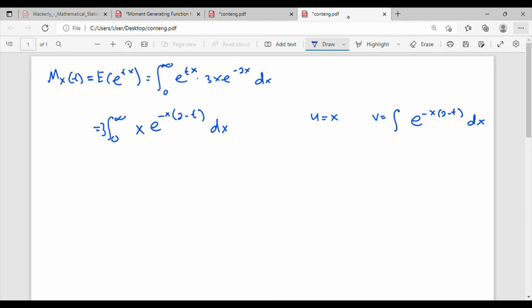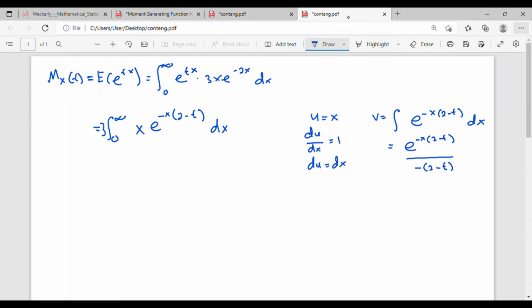So here du over dx equals 1, so du equals dx. So v will be e power of negative x times 2 minus t, and when integrating we divide by the differentiation of the index, which is negative 2 minus t.